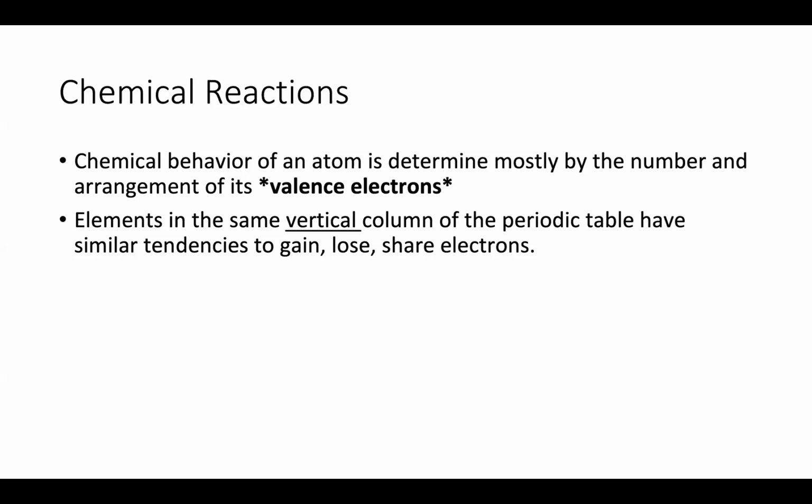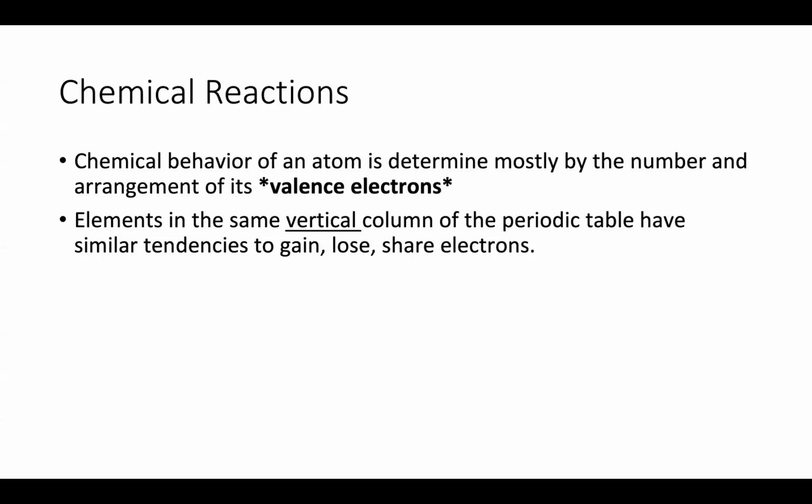If you can recall the periodic table, maybe the last time you took chemistry was in high school, but there are rows and columns. Elements that share the same chemical properties or behavior are designated in the same vertical columns.